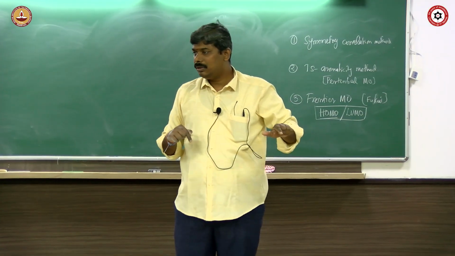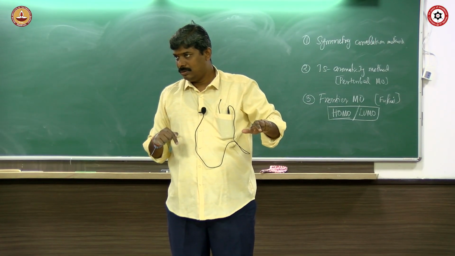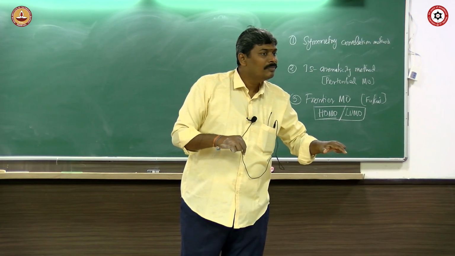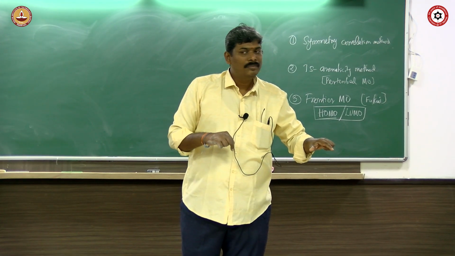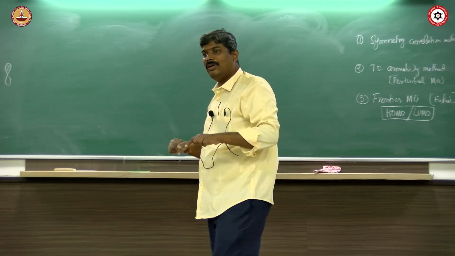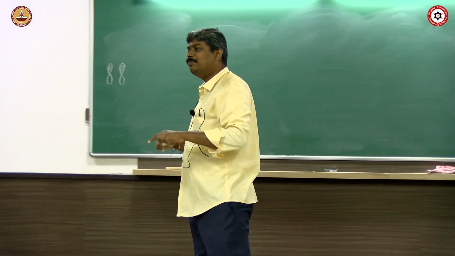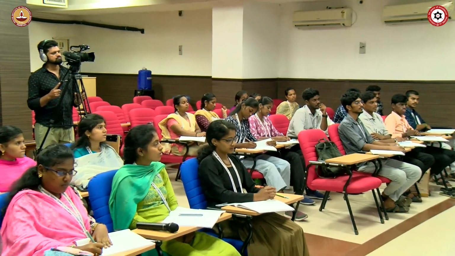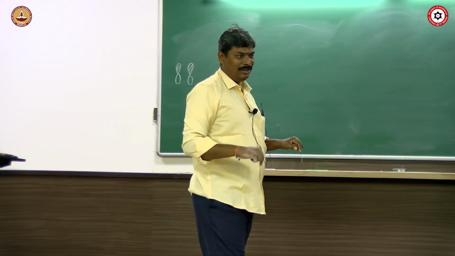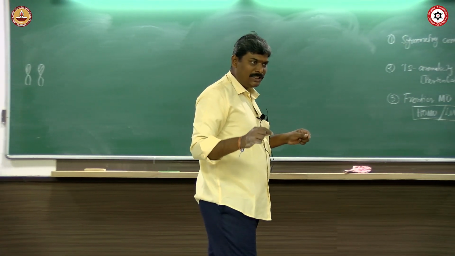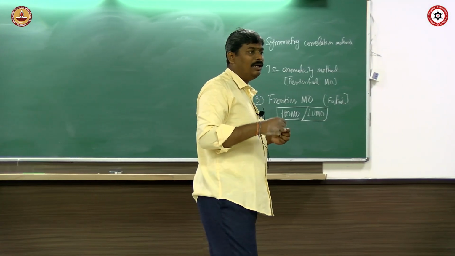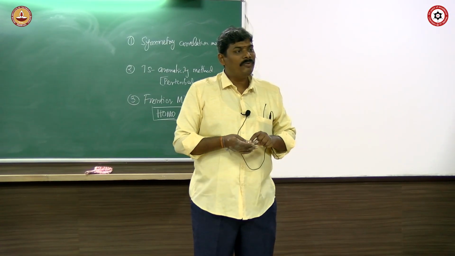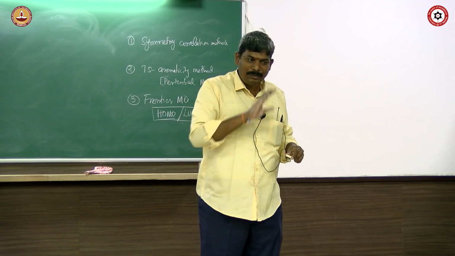What is a node? A node is the place where the probability of finding an electron is 0. What is a molecular orbital itself? In the normal sense of an orbital, when you talk about an atom, you say the probability of finding an electron in an atom, which you classify as an orbital.